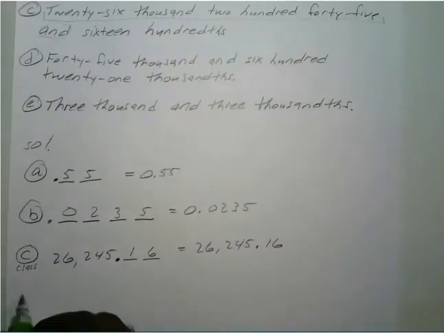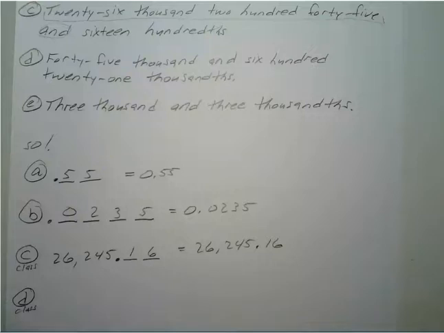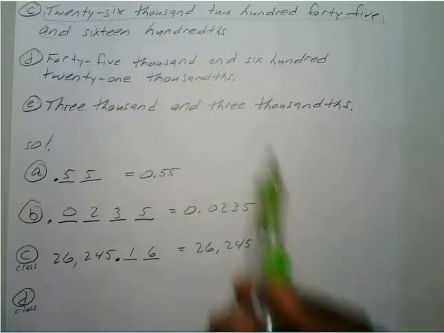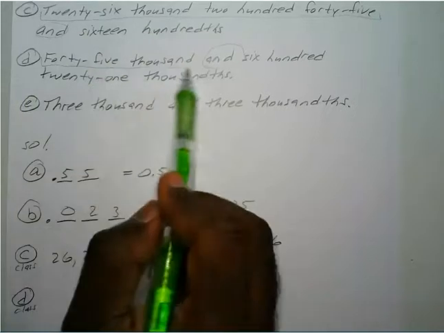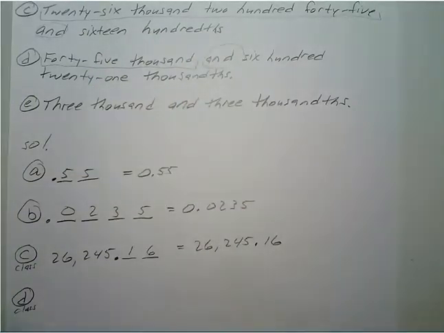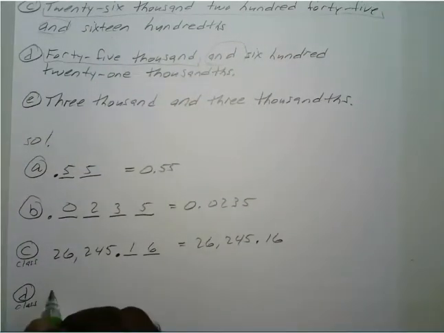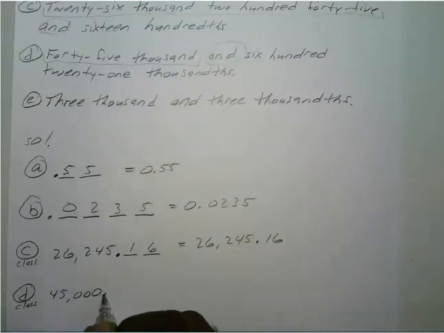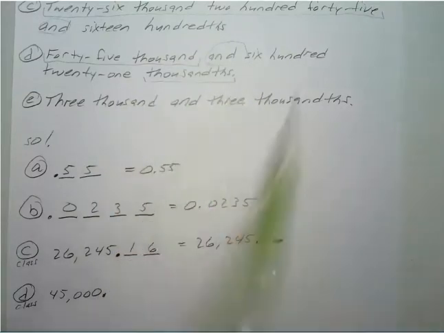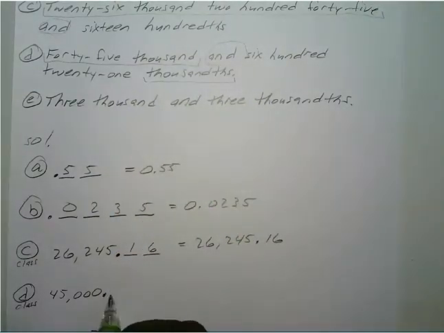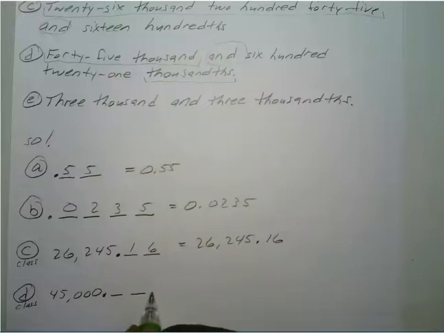Okay, so for D, you have 45,000, and this is your AND right here, so 45,000 goes to the left of the decimal. Remember that AND is your decimal, 621 thousandths. Okay, so that's thousandths. So you have tenths, hundredths, thousandths.